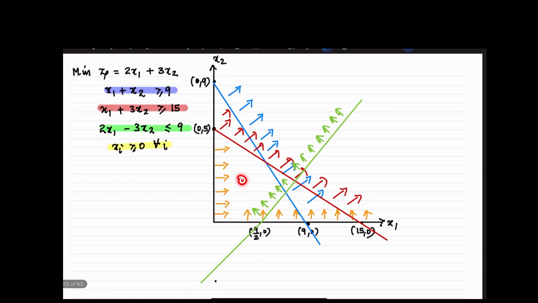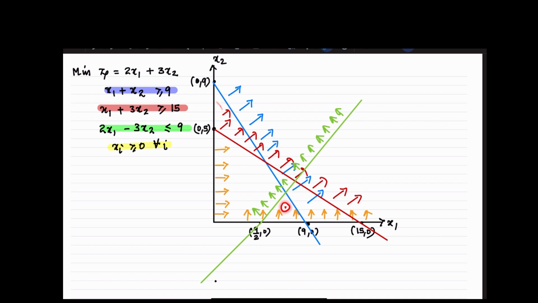First we'll negate what cannot be the region. Can this be the region? This cannot be the region because the red is violated. Red says to move ahead. Can this be the region? This cannot be the region because the blue constraint will not get satisfied here. So this is not the region. This is not the region.